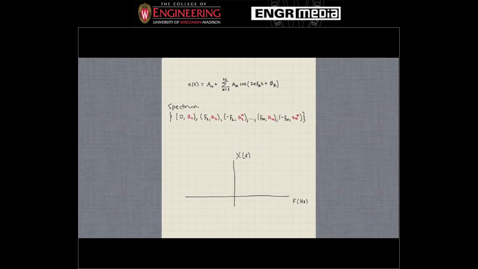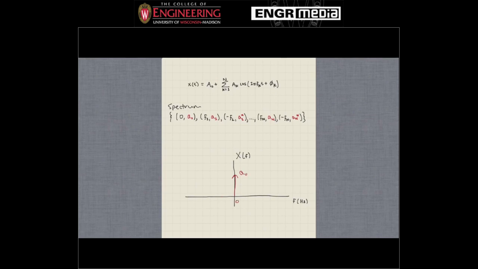It's just a list of the frequencies and the complex amplitudes. So we can plot that, right? We'd start at frequency 0. The signal has an amplitude of A naught. So let me draw that.